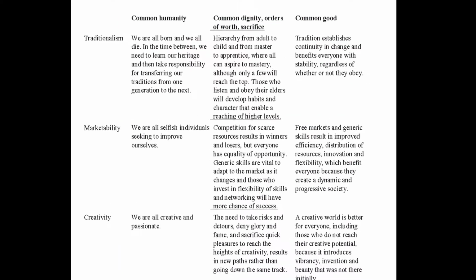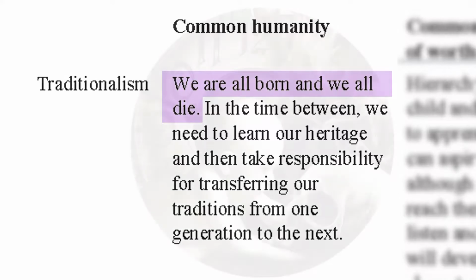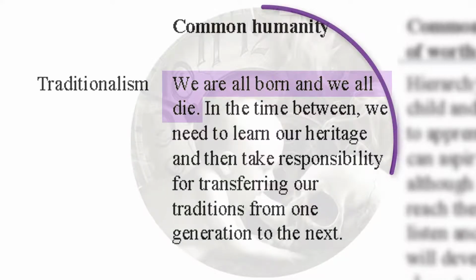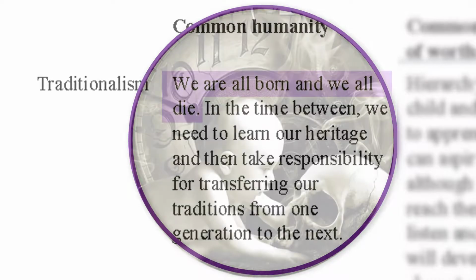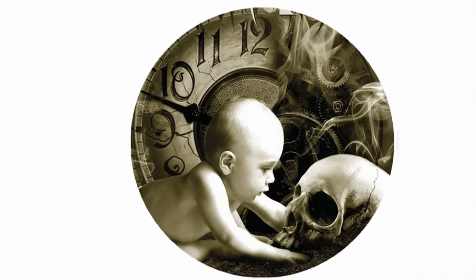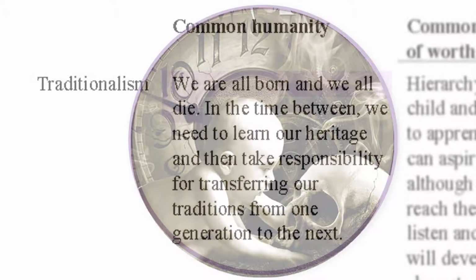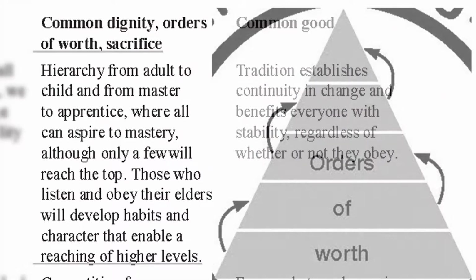So for example, the common humanity for traditionalism is that we are all born, we all die, and in that in-between time, we need to learn that heritage, that precious wisdom, and we have to take responsibility for transferring it from the older generation to the younger generation. Now, in order to do that properly, the younger generation has to respect the older generation.